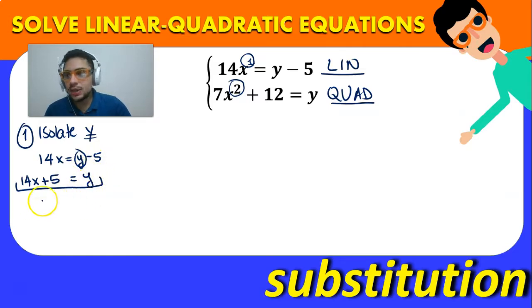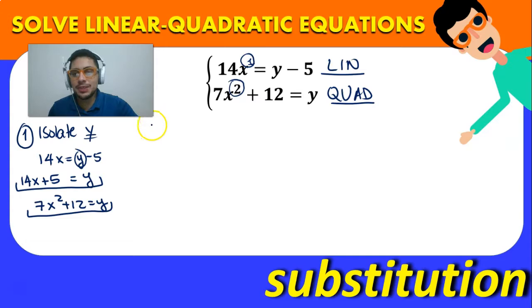And then the second one was 7x squared plus 12 is equal to y. So it was already isolated for us. The value was already solved. And now we can jump to step 2, which was equaling y equals y. Now remember, guys, this is after all the method of substitution. So you make sure that you substitute whatever you found on the linear one and in the quadratic one in this step.